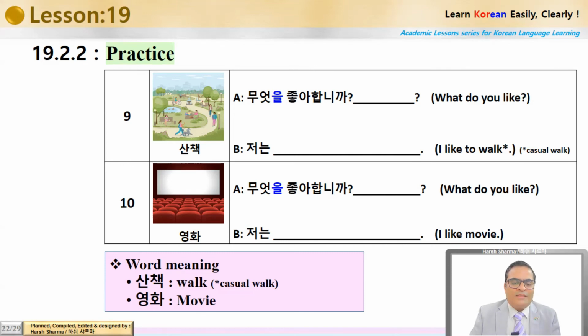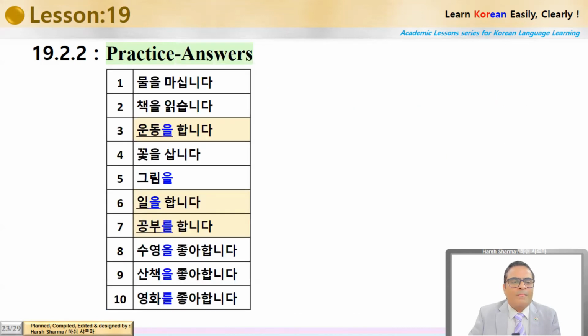Now it's time to check the answers. See here. Number 1, answers are here. 마십니다. Number 2, 책을 읽습니다. Number 3, be careful. 운동하다 will be 운동을 합니다. Number 4, 꽃을 삽니다. Number 5, 그림을.